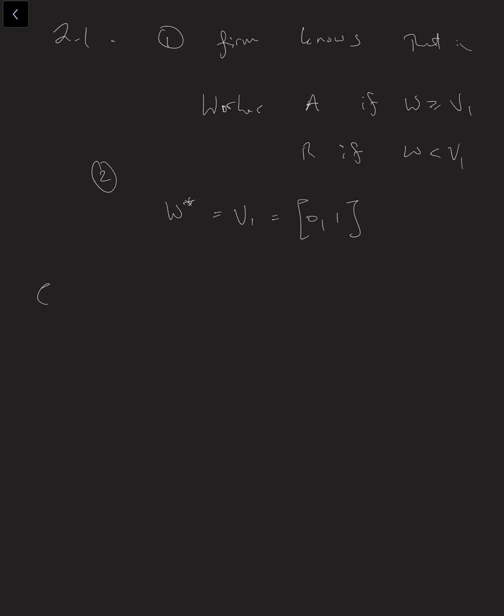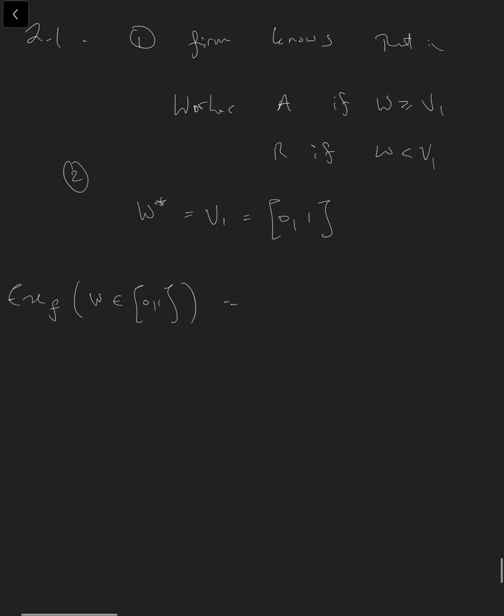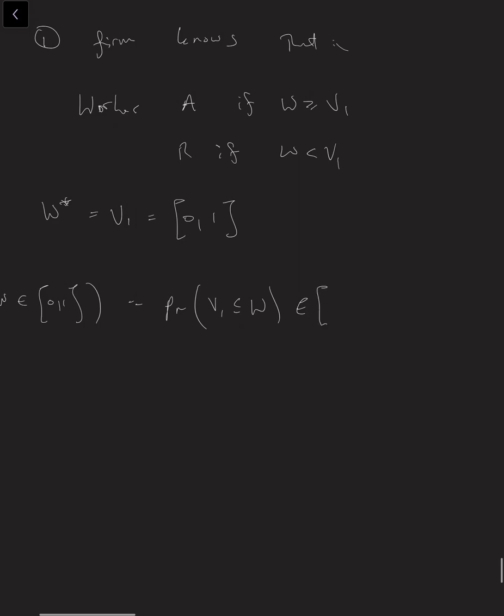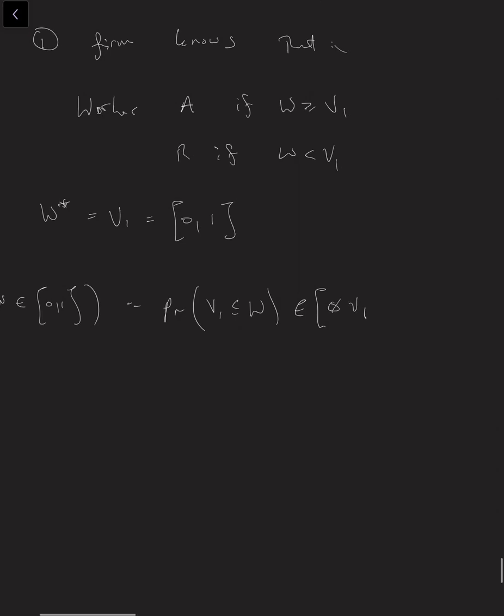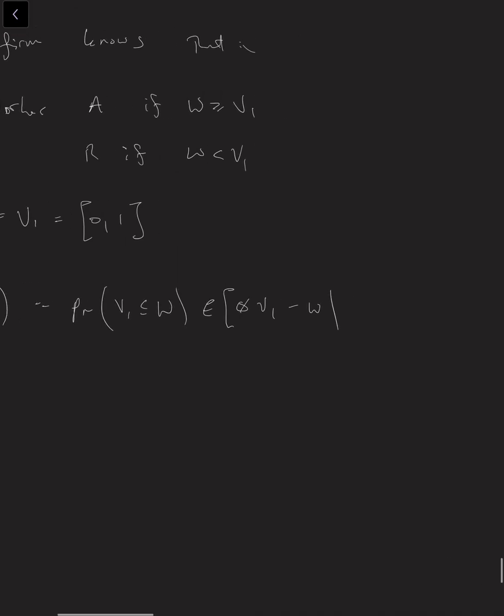The firm's expected utility from offering some W in [0, 1] is equal to the probability that V1 is less than W, that is to say the probability that the worker accepts, times the expectation of the firm's utility function, given that the worker accepts, which is basically equivalent to conditioning on V1 being less than or equal to W.